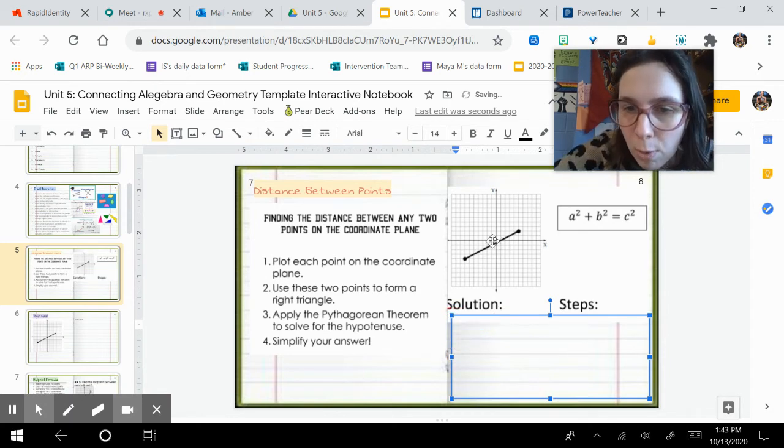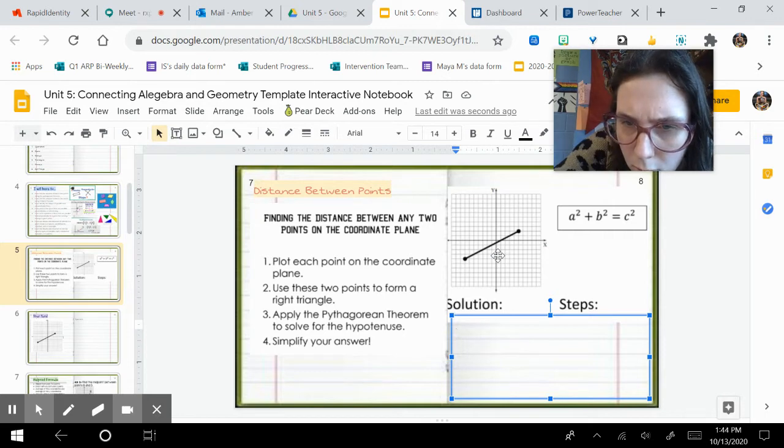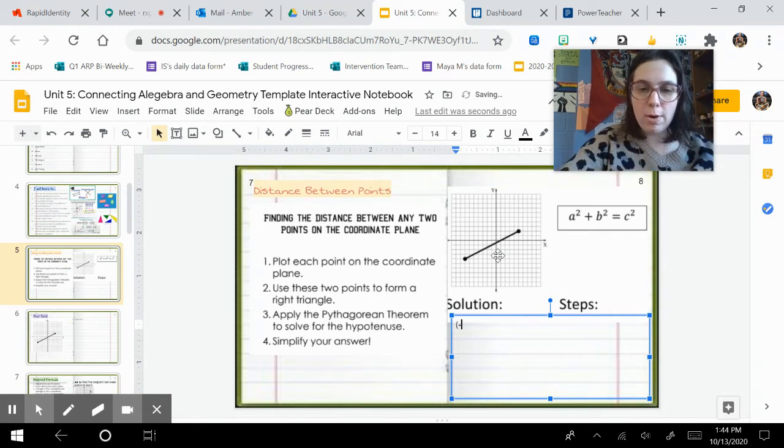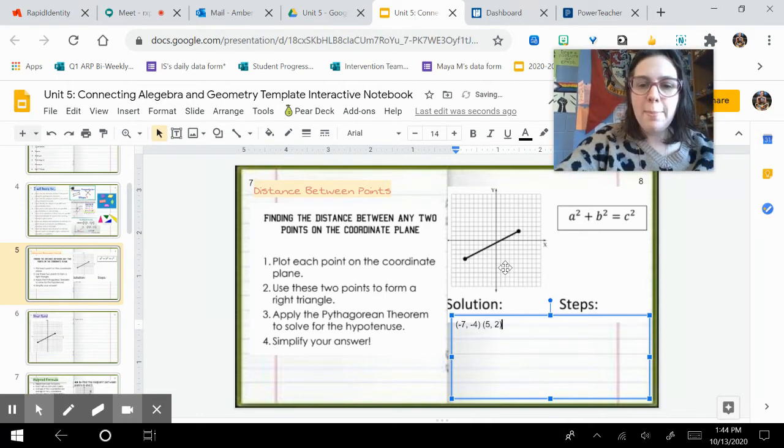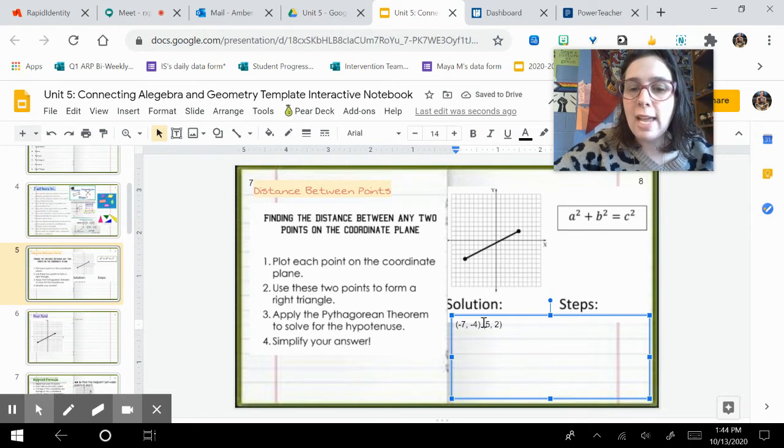This first point is (-7, -4). And then the second point is (5, 2). Okay. And then you're going to take the distance between the x's, which would be the a, and then the distance between the y's, which would be your b, and then you can find the length between them, which is going to be your c.